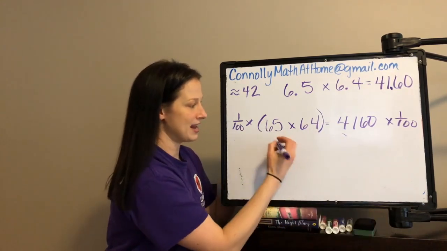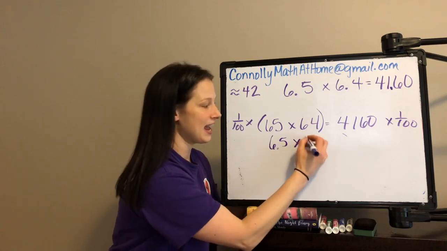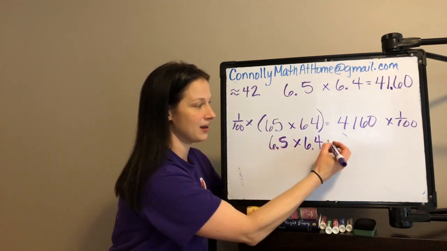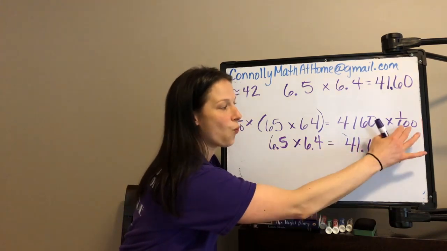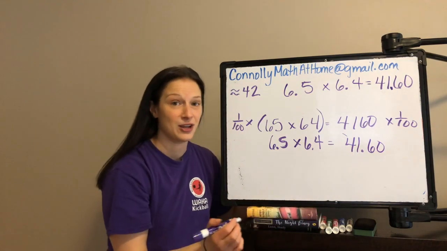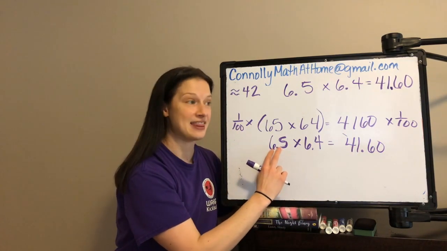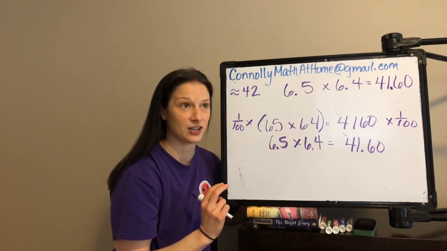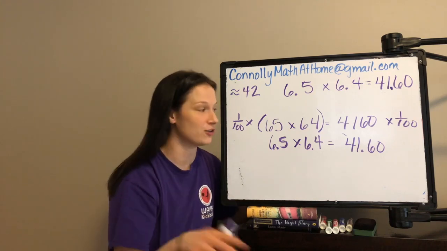So when this factor gets 10 times smaller and this factor gets 10 times smaller, our product gets 100 times smaller. Let me start over.